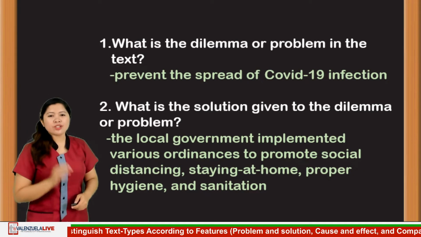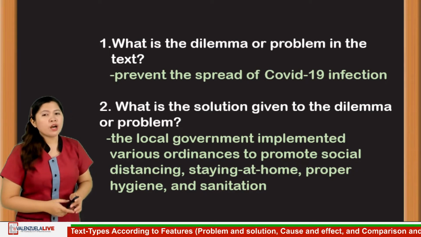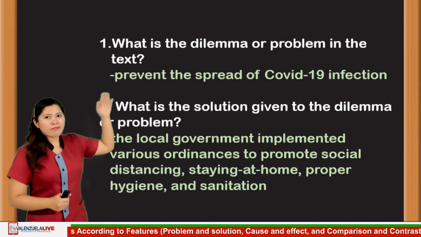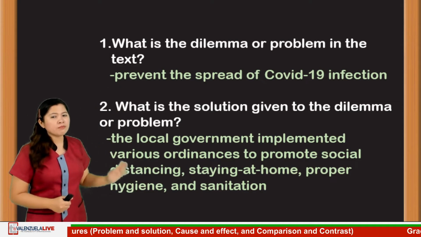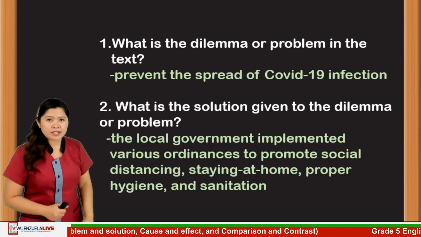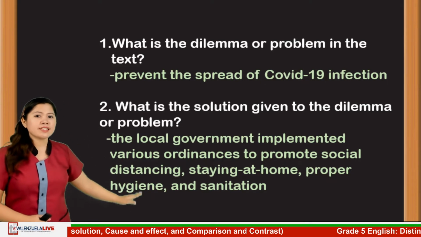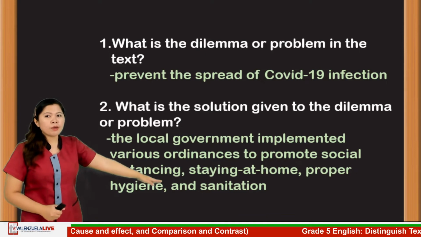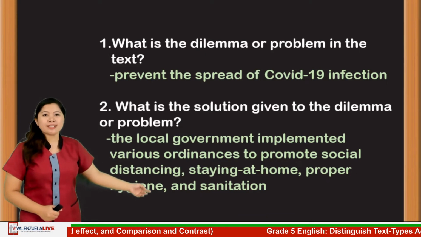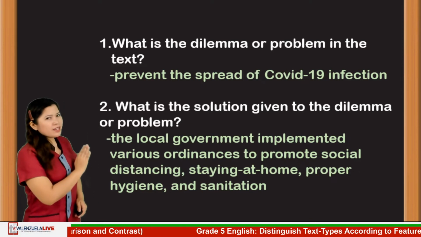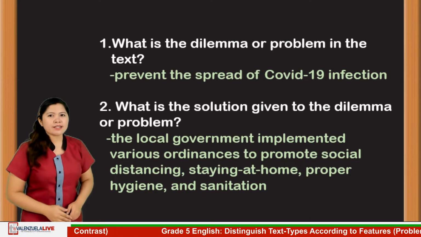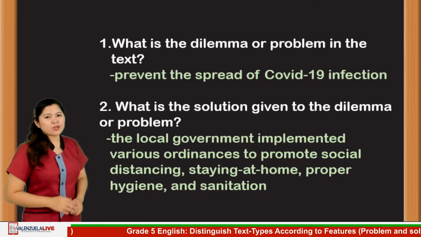What is the solution given to the dilemma or problem? So in order to prevent the spread of the COVID-19 infection, the local government implemented various ordinances to promote social distancing, staying at home, proper hygiene, and of course, sanitation. Okay? So this is what categorizes the text as a problem and solution text.